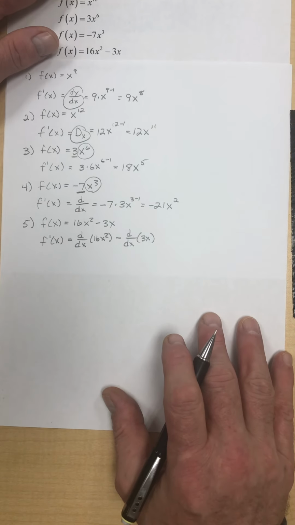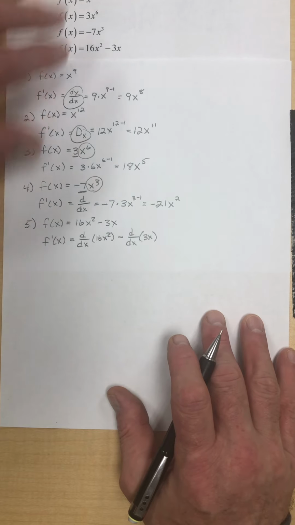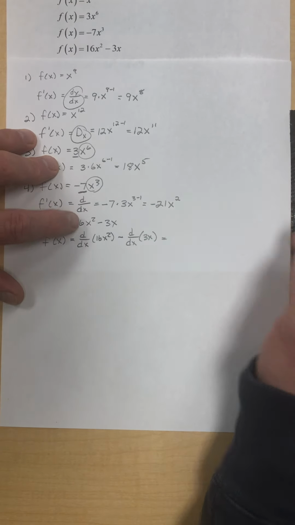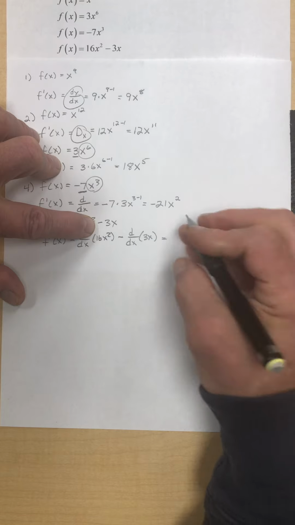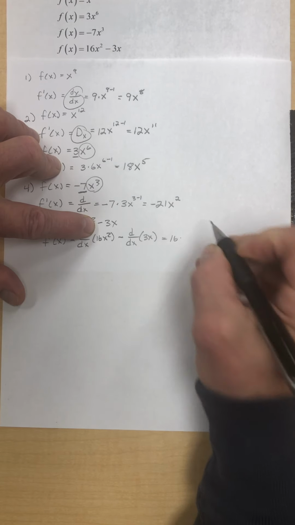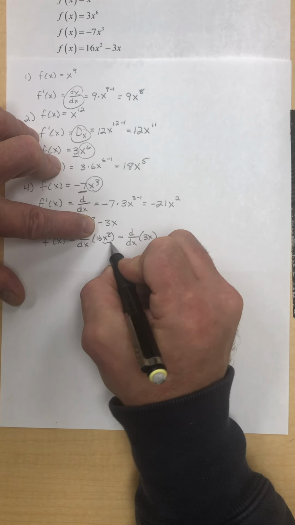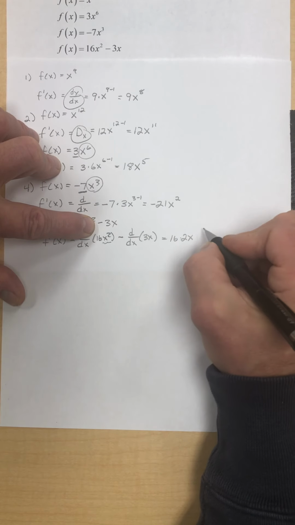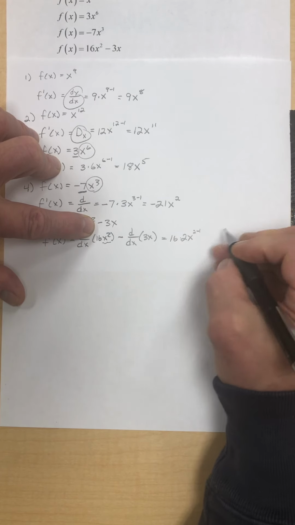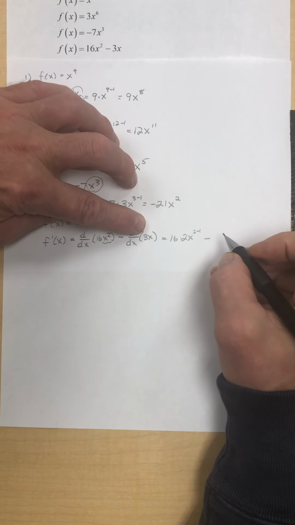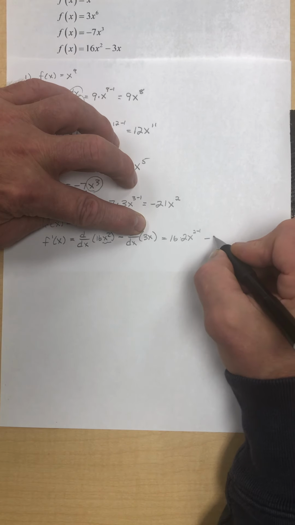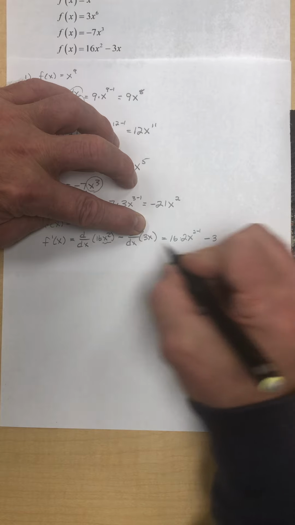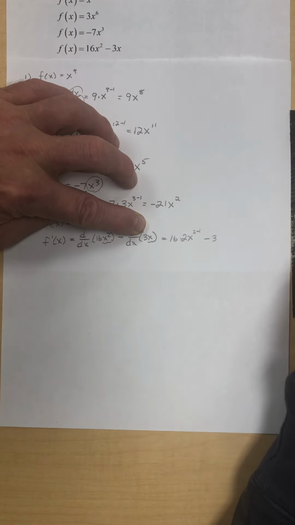Let's move this up so I have a little more room. Notice 16 is a constant multiplier, so leave it out front and take the derivative of x squared. Move the 2 out front and subtract 1 from 2. Minus, again, notice that's 3x to the first, so put that 3 out front and take the derivative of the x.